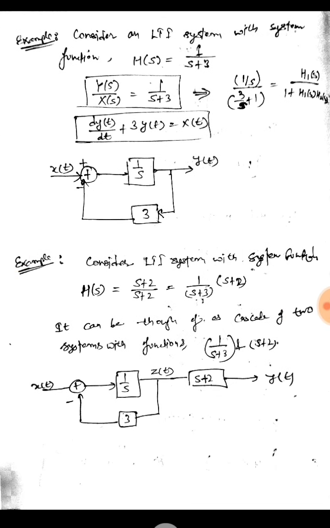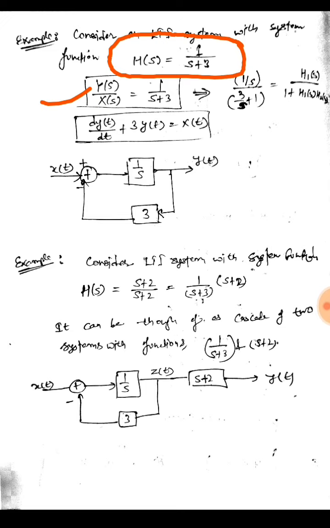Now let us take an example. In this example, consider an LTI system with system function H(s) equal to 1 upon s plus 3. So this is Y(s) upon X(s) given to us as 1 upon s plus 3.